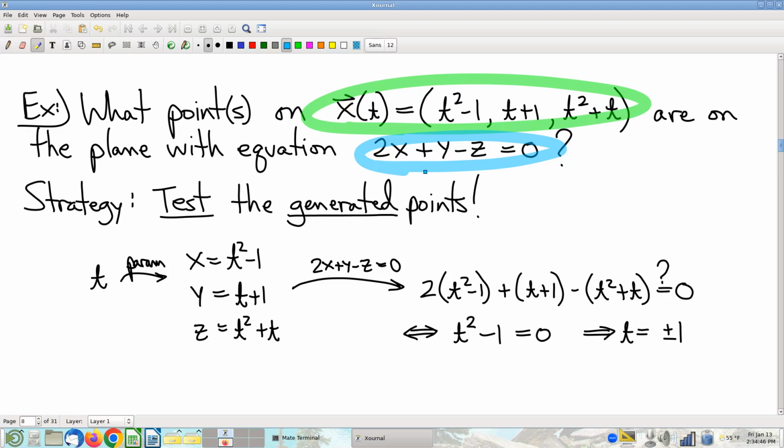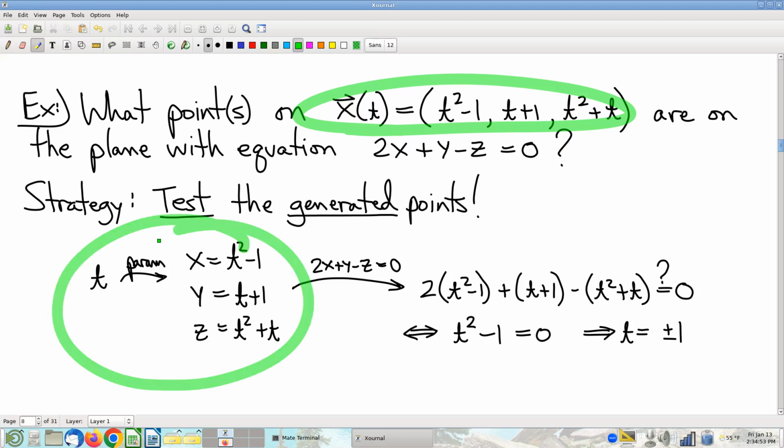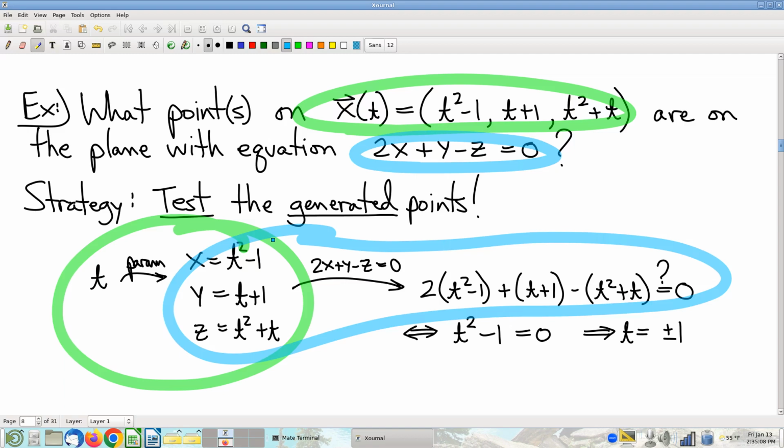And we're going to literally put them together. So we're going to generate points with the parameterization, thus giving us points that are on the curve. And what I want to know is which of those points on the curve are also on the plane. So I'm generating points and then testing them to see if they're on the other object. Everybody good with that?